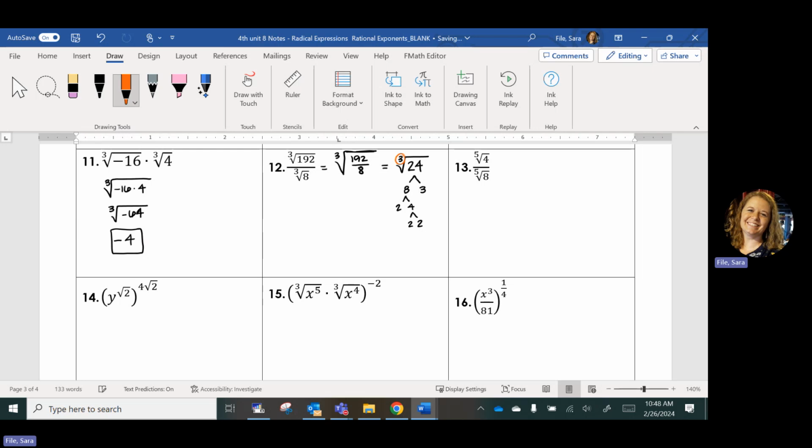Is there 3 of a number? Yeah, 1, 2, 3. There's 3 2s. So that means that 2 gets to come out of the radical, but this 3 has to stay under because it doesn't have 3 of a kind. So it stays the cube root of 3. So 2 cube root 3 is the reduced form of cube root of 24.